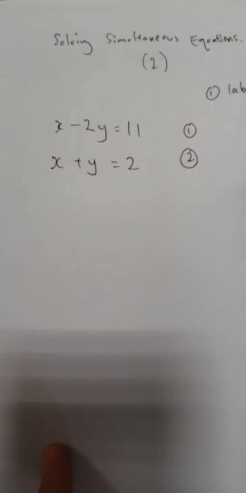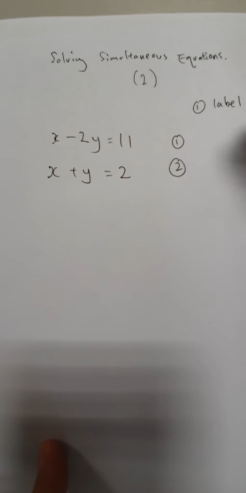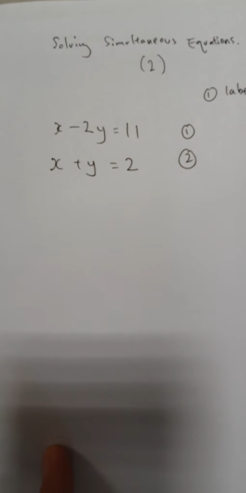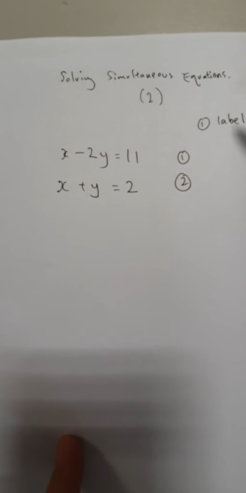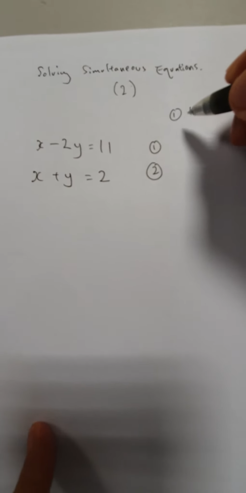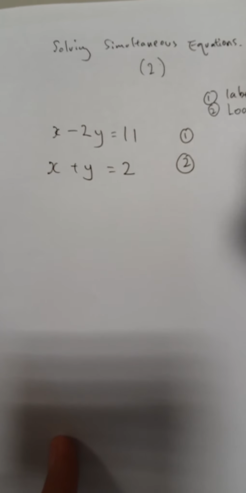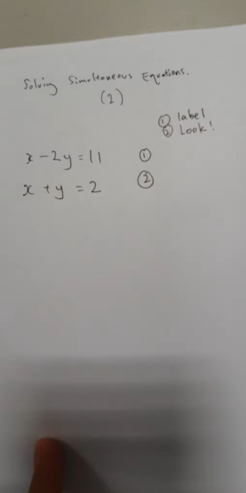Next, to solve simultaneous equations there are two methods. One is the elimination method, so we're going to do that now. Elimination. First thing you want to do is label. Second thing is to look at the x and the y and figure out which one has the same value, that means the same number in front.